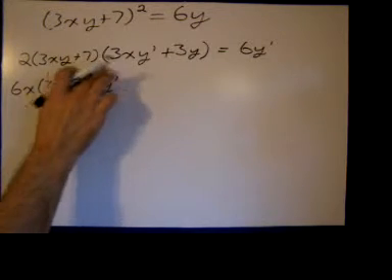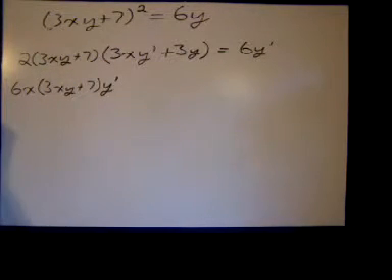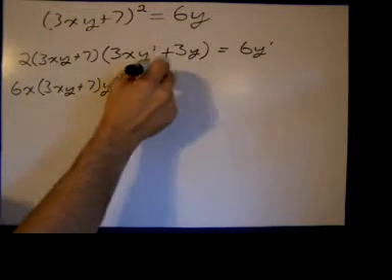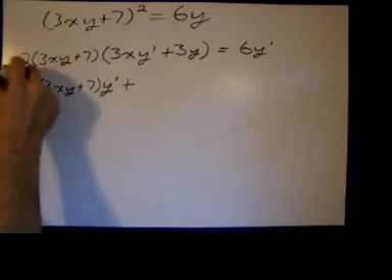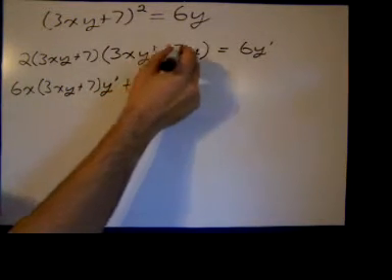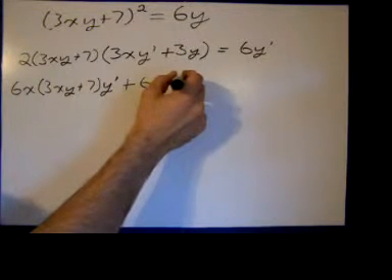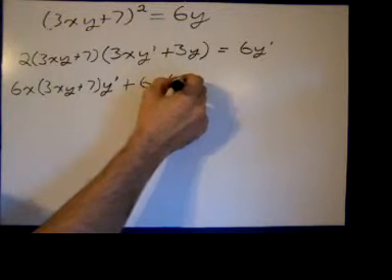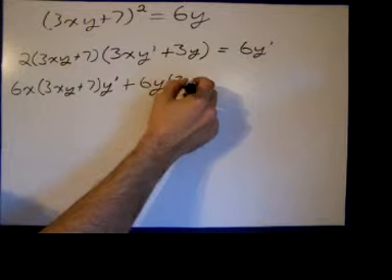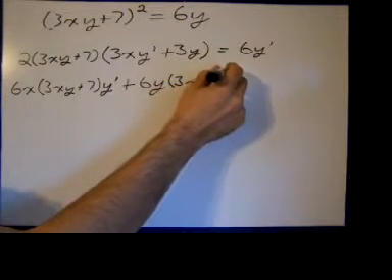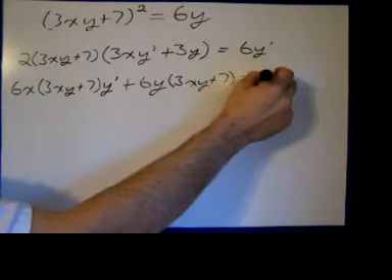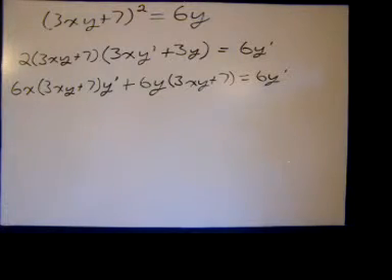That's this expression times this expression. And then I'm going to distribute it again here. So 2 times 3 is again 6. And then I'm going to keep that y times 3xy plus 7 equals 6y prime.